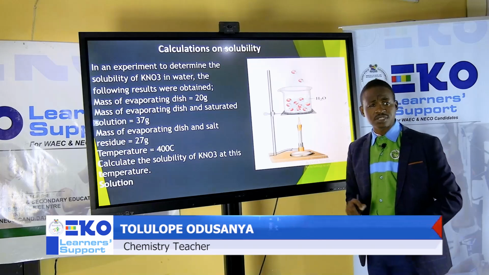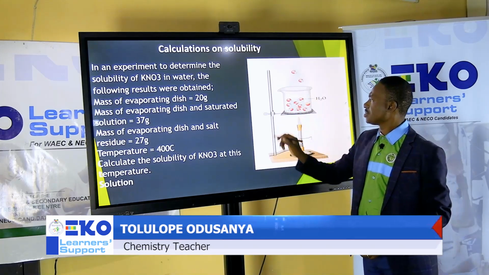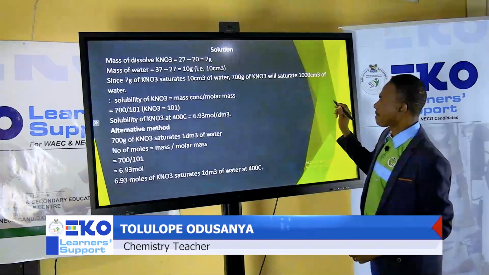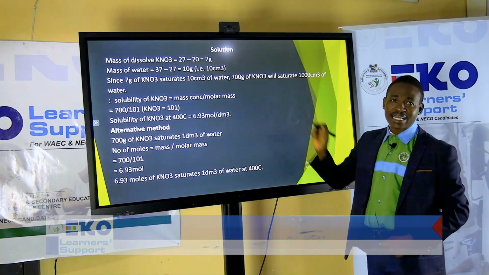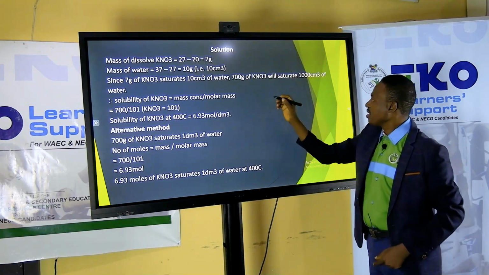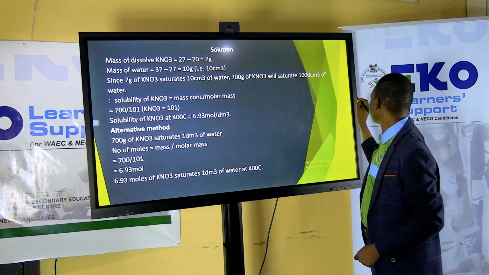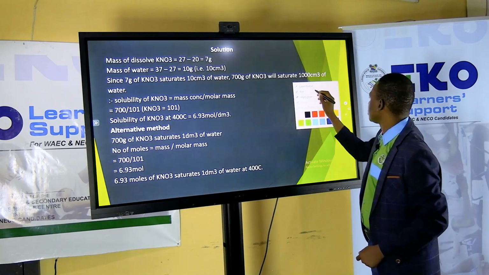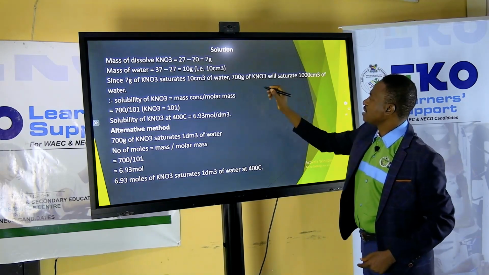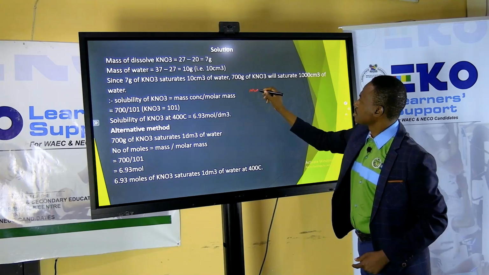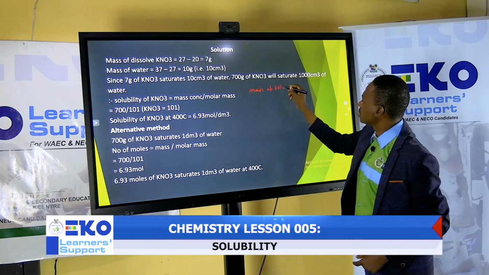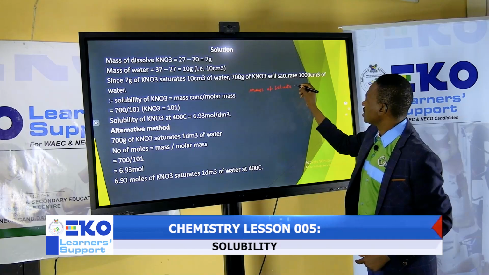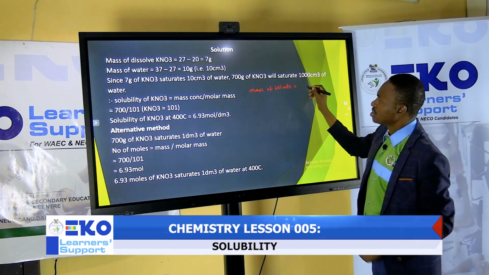Let's move to the next slide. So in this next slide, the mass of solutes is equal to what?